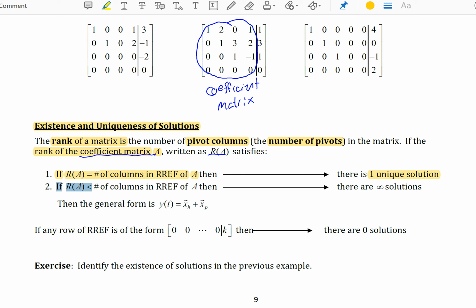However, if the rank of A is less than the number of columns in the RREF of A, then this is where we're going to expect to see infinite solutions to our system of equations. As we did with our first order linear differential equations, we will write our general solution as the sum of a homogeneous and a particular solution.